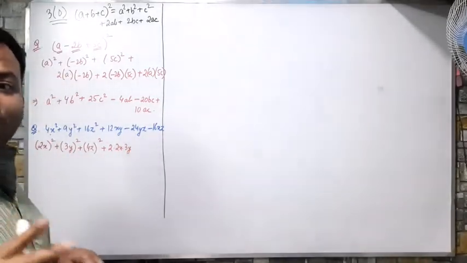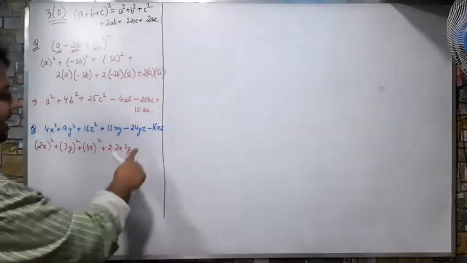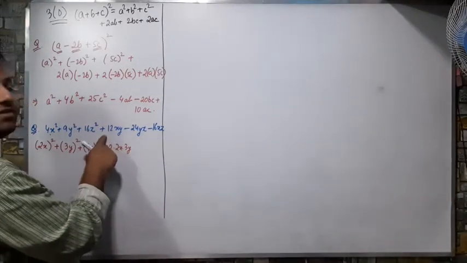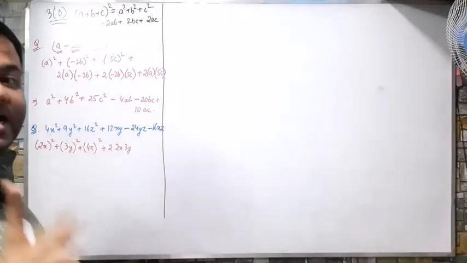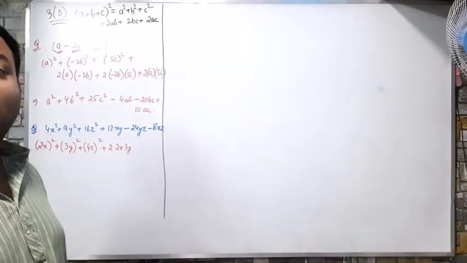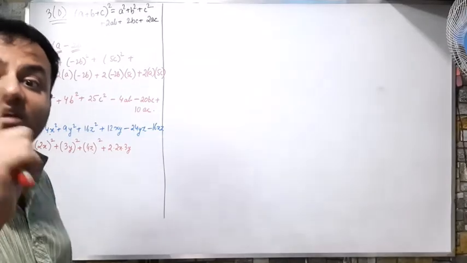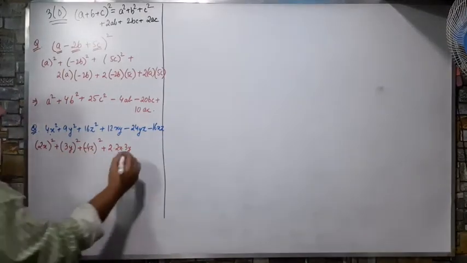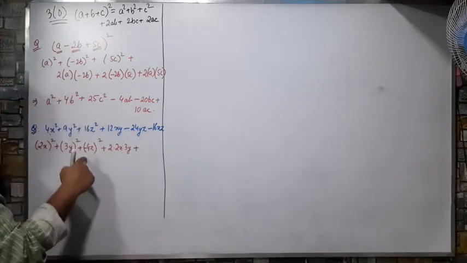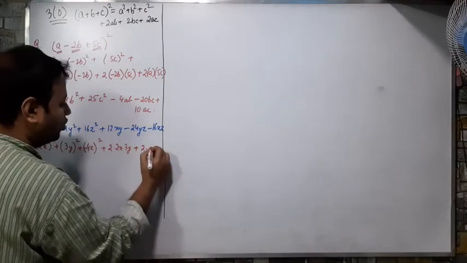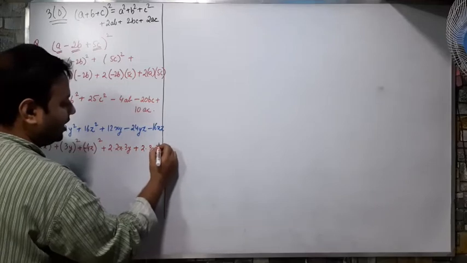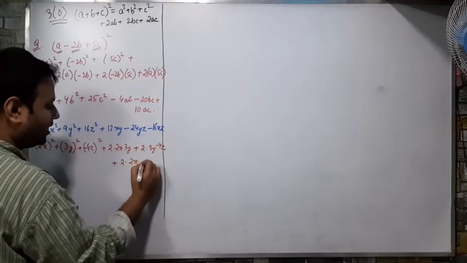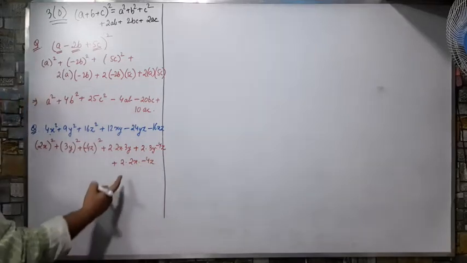The parts which contain z are negative, but here x and y are positive. Wherever z is there, it is negative. What does it mean? That z itself is negative. So I will write minus 4z here, and wherever you find z, put a minus. I will write 2 into 3y into minus 4z plus 2 into 2x into minus 4z. See, it is matching now.